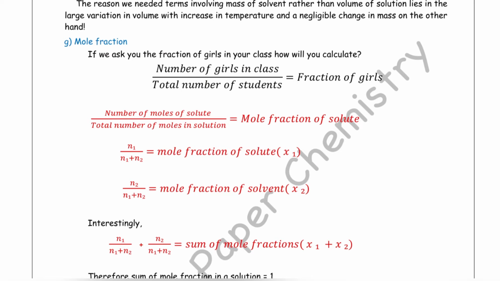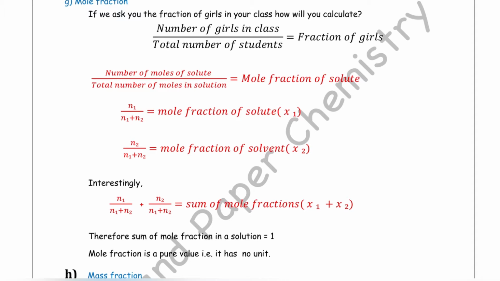The same logic we've applied over here, and we can also similarly determine the number of moles of the solvent. So here I am talking about a binary solution, a solution which is made up of 2 components. They could be 2 liquids, they could be a solid dissolved in a liquid, any.